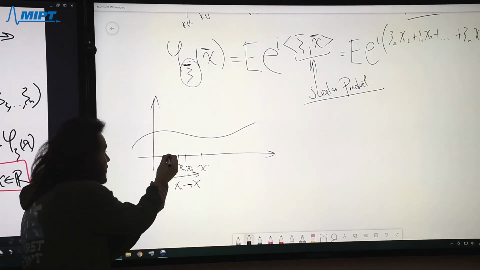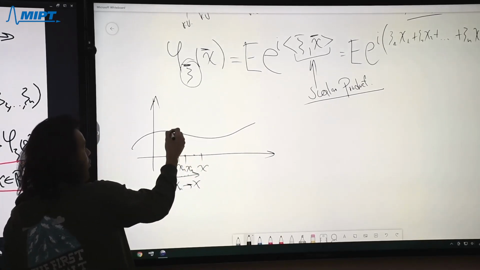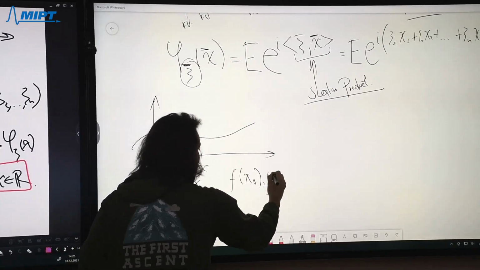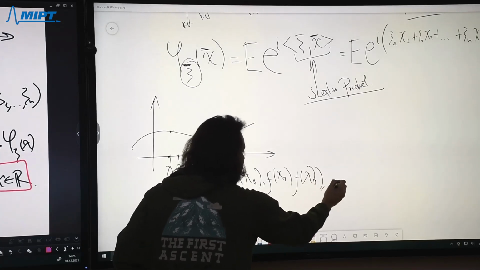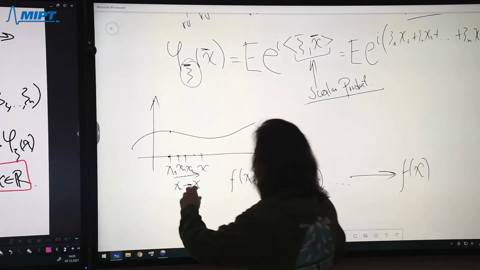So for example here, we have that f of x1, f of x2, f of x3 tends to f of x. We are talking about points.